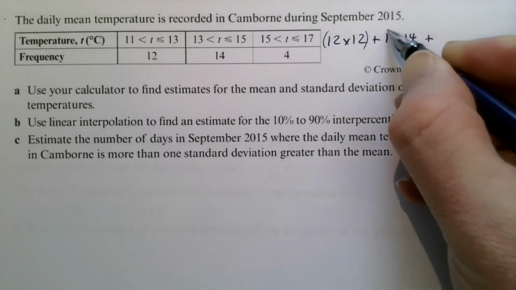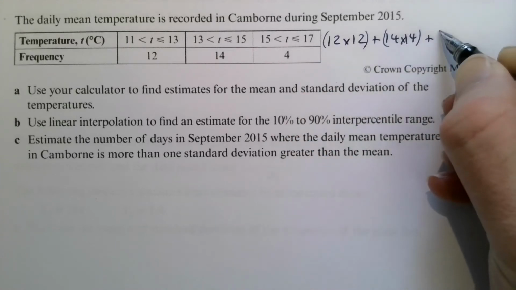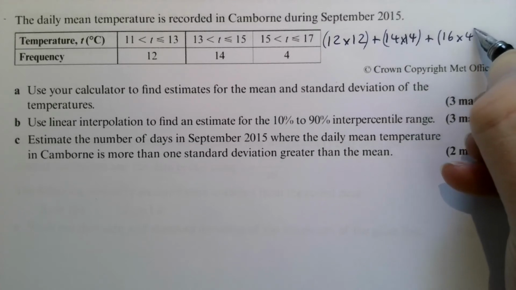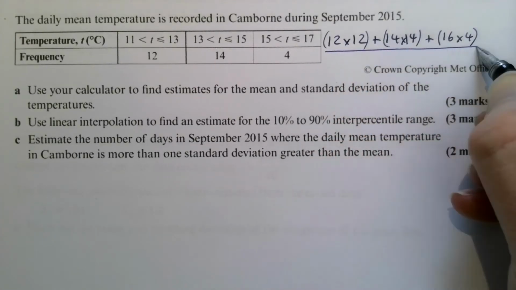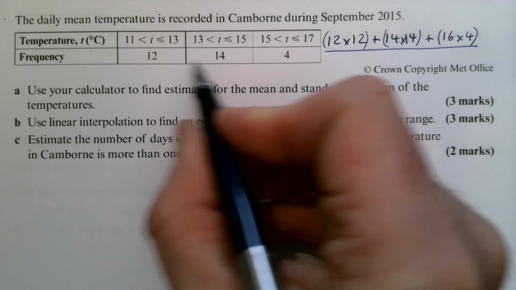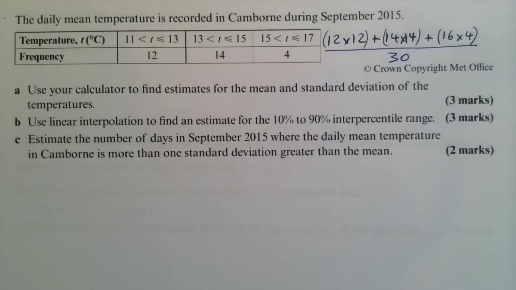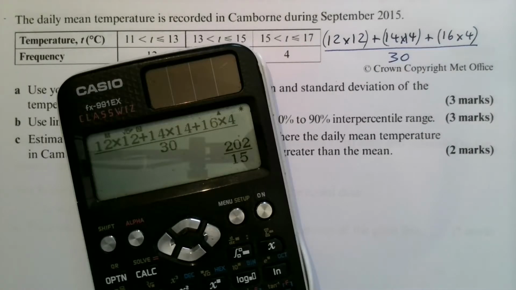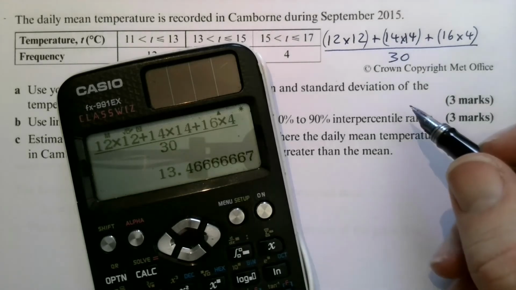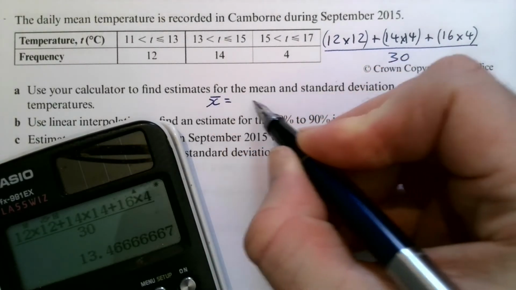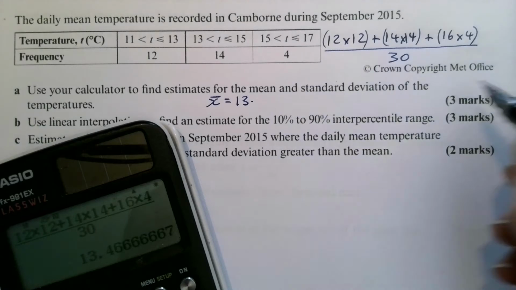And then we also want the midpoint of 15 to 17, which is 16, times by how many we've got, which is 4, and divide by how many we've got altogether, which is 30. Whop that into the calculator and you should get 13.46. Okay, so that means the mean we can say is 13.5.